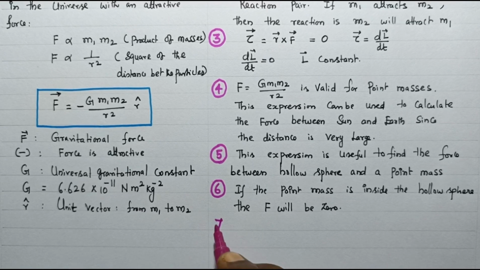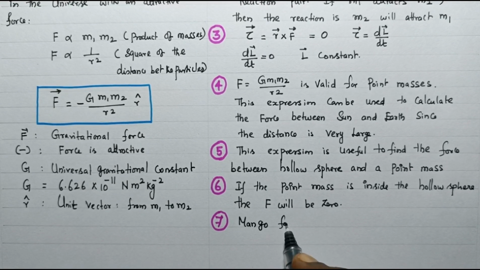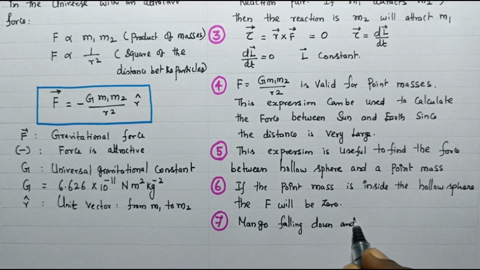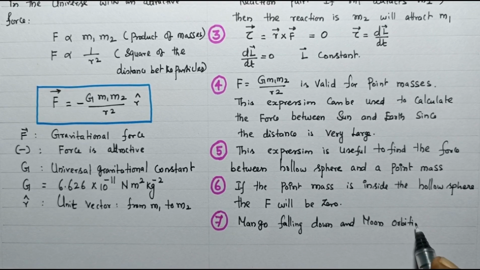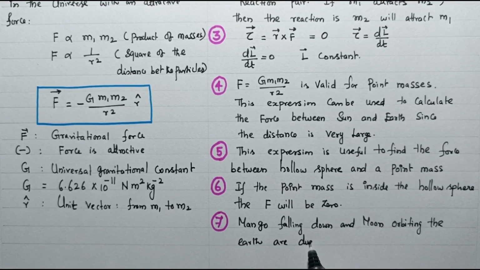Next point, last point, mango falling down and moon orbiting the earth are due to gravitational force.